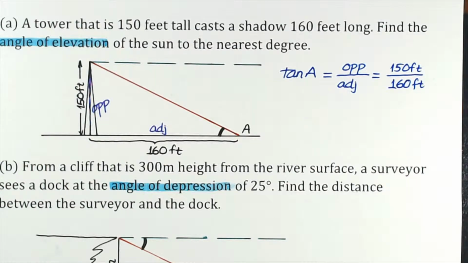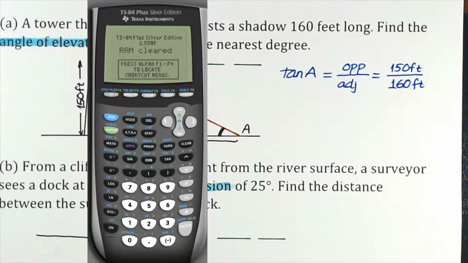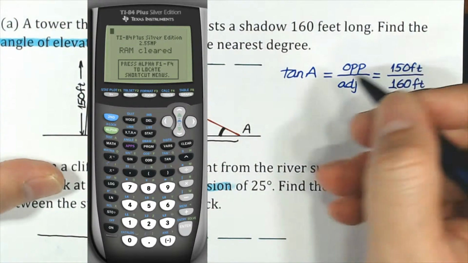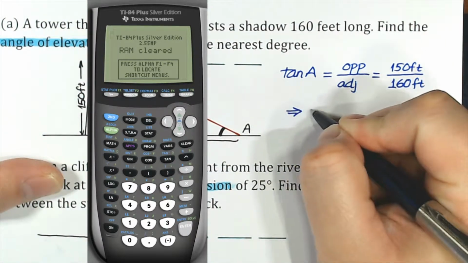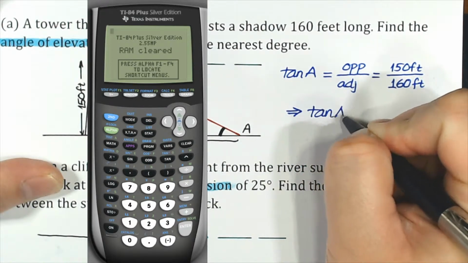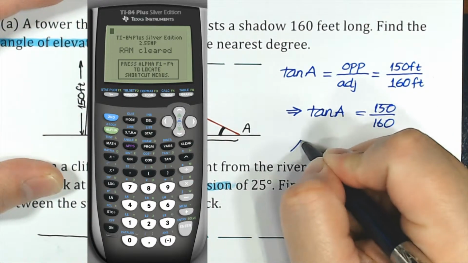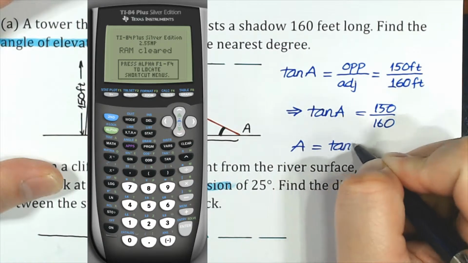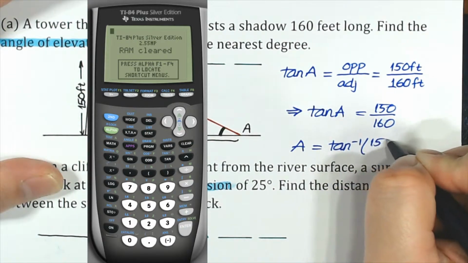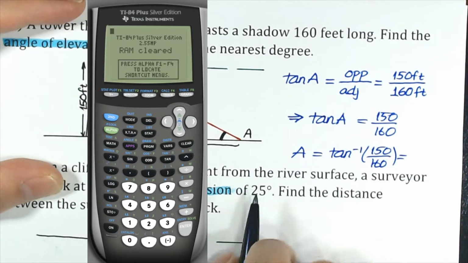Right. So let me get the calculator. We have tangent of A equal to 150 over 160. So A will be tangent inverse of 150 over 160. We just need to make sure that it is in the right mode.